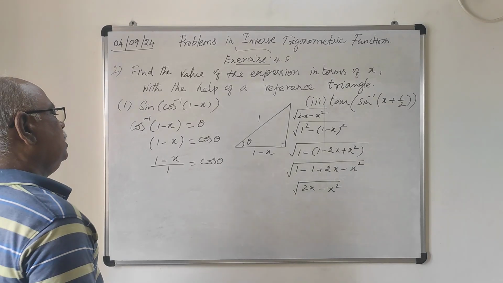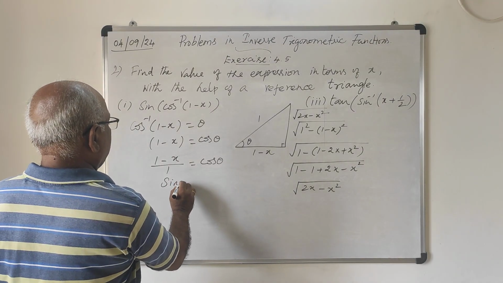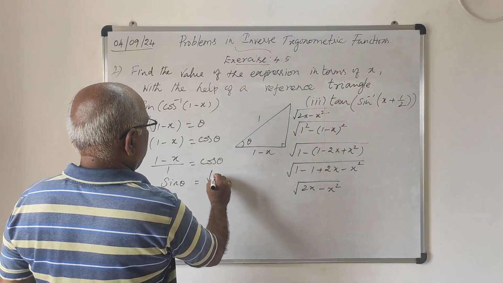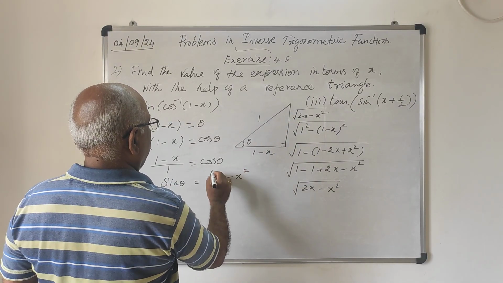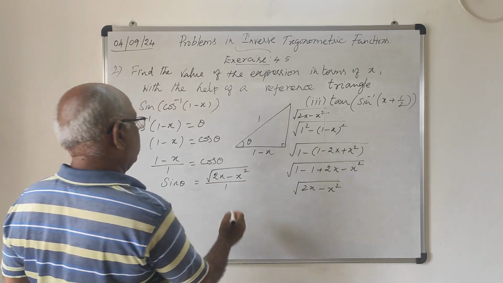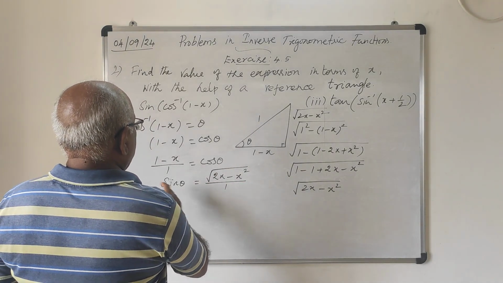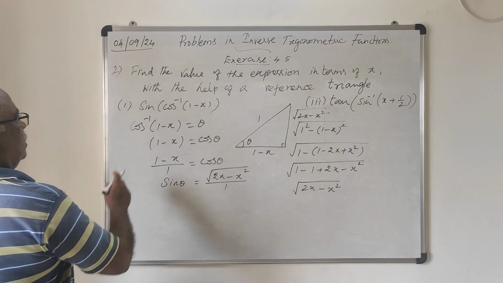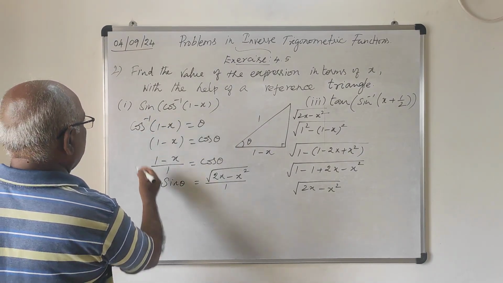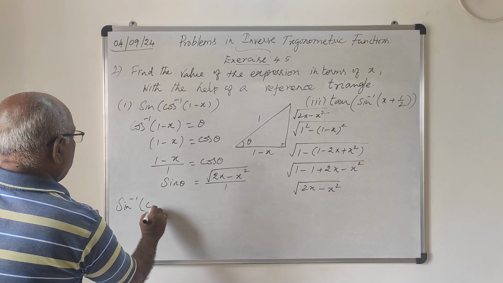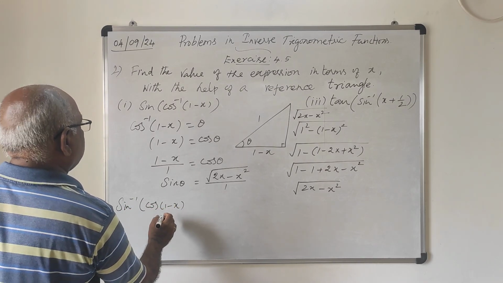So sin theta equals opposite side by hypotenuse. Root of 2x minus x square by 1. That is root of 2x minus x square. So, sin inverse of, now the problem is sin of cos inverse of 1 minus x.